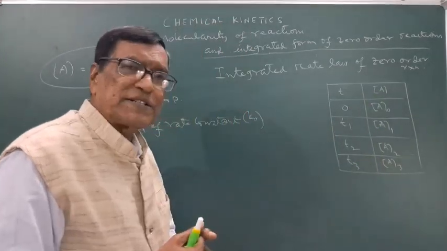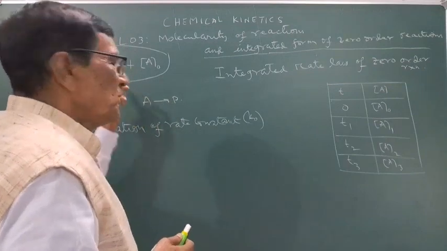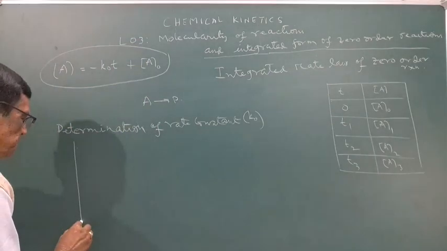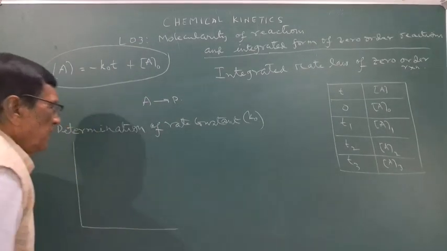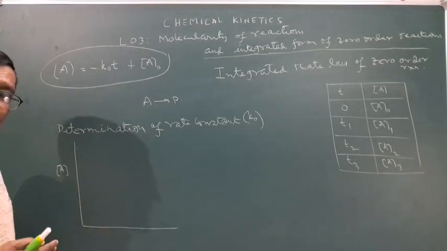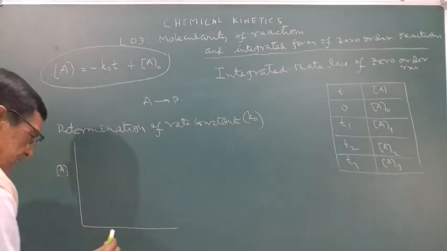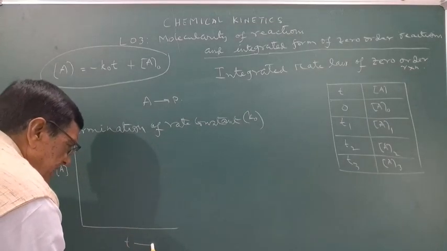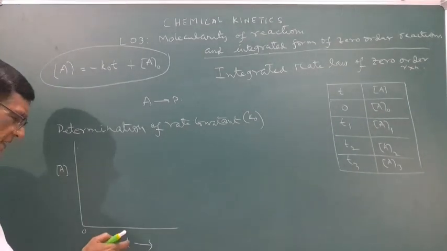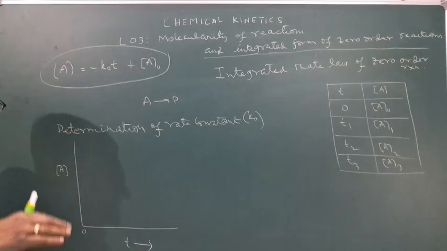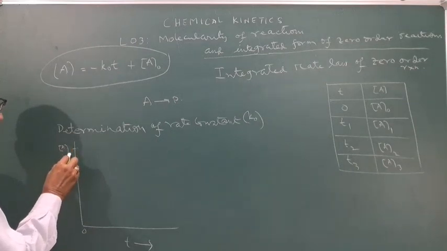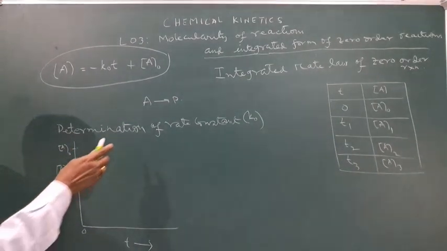So now what shall I do to determine this value of the rate constant? Simply draw a graph. Here the concentration of the reactant which remains at a particular instant of time, and here it is t. Here is the zero time. Whenever t is 0, it is the initial concentration of this reactant, suppose A0.